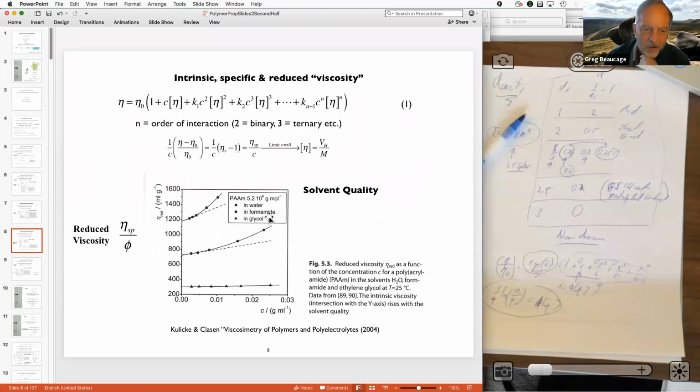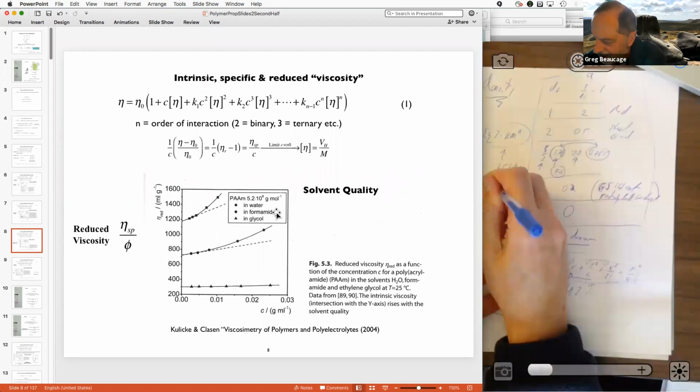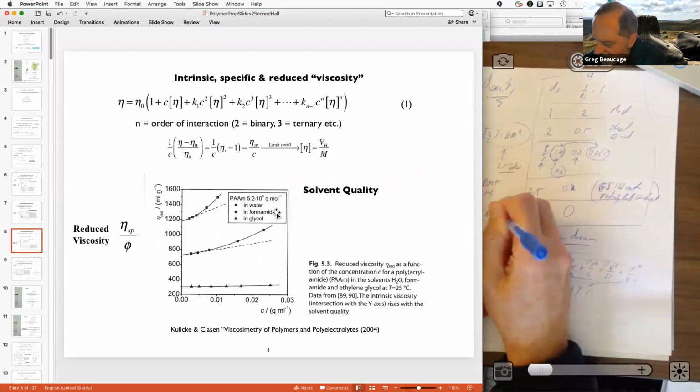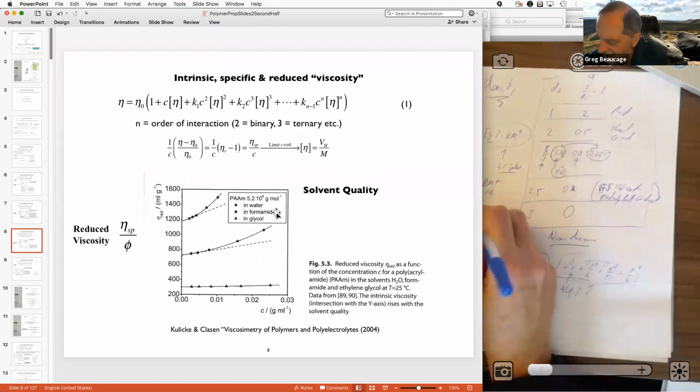Then you put it in formamide, which is our same thing as that DMF, except without the methyls. So formamide is, let's see, 2, 3. There's something else here. I guess there's an OH there. No, no, this isn't OH, sorry. It's formaldehyde.